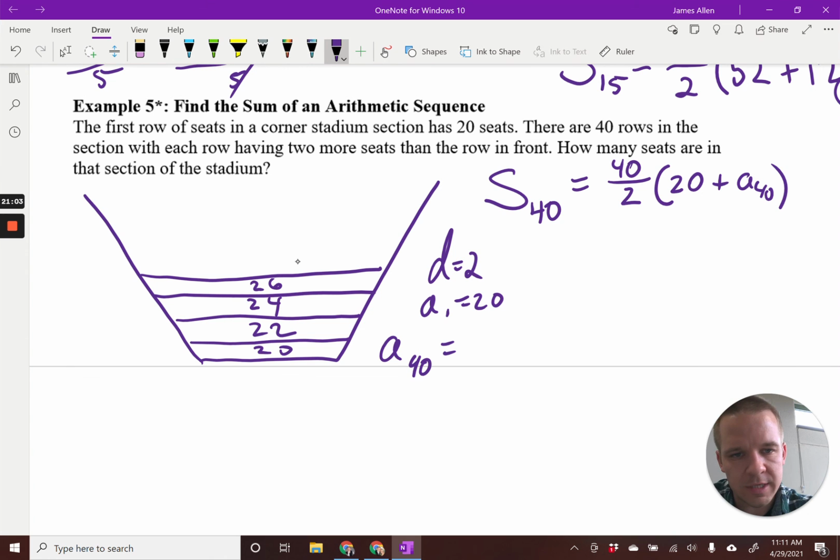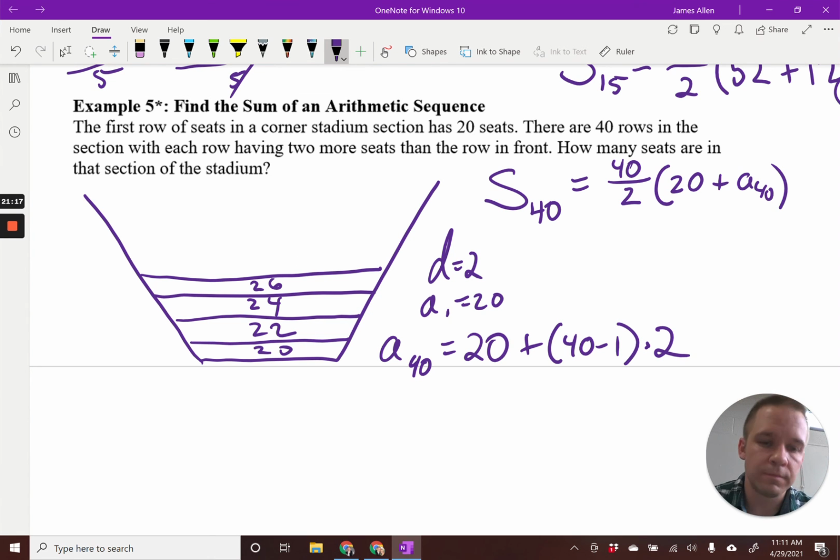A sub 40 is equal to 20 plus 40 minus 1 times my common difference of 2. Nice. Plug that all in. I've got it worked off to the side here. We've got ourselves 98. 98 seats in that final row.